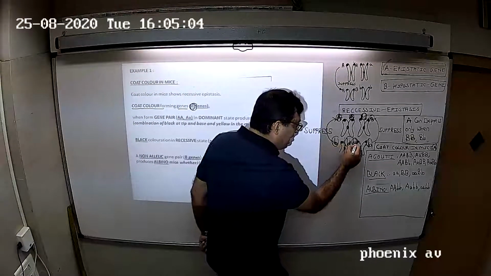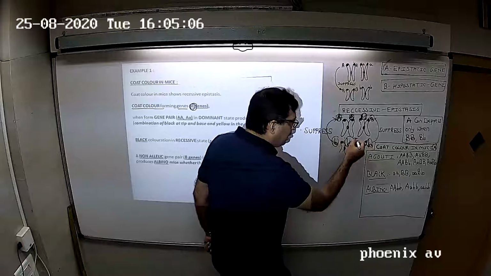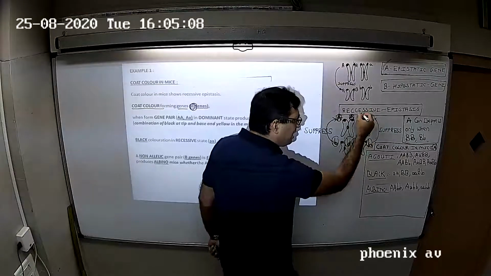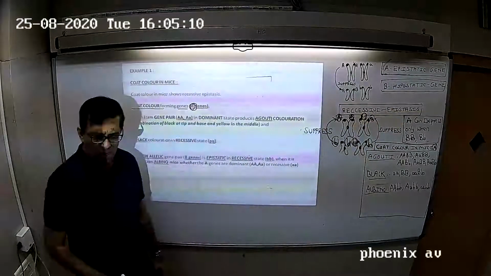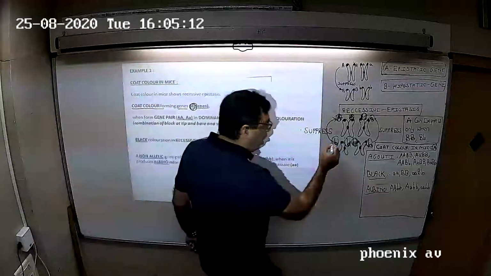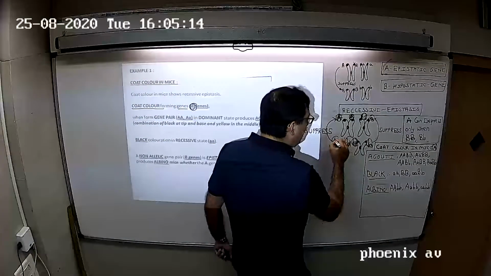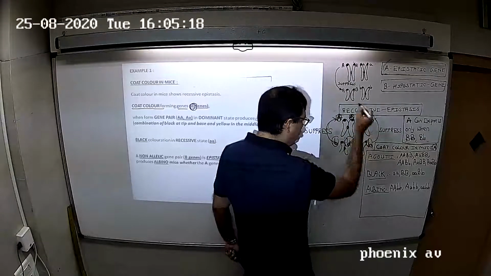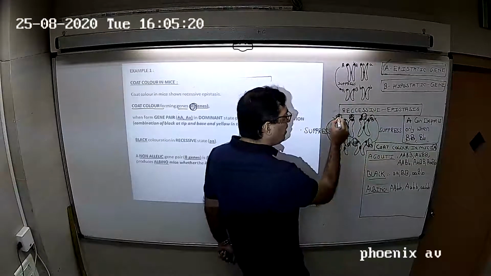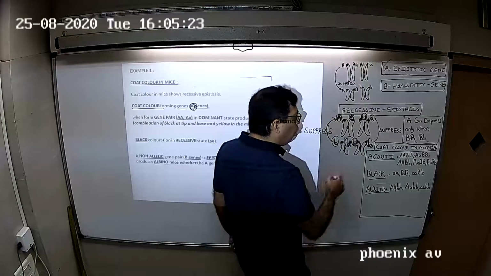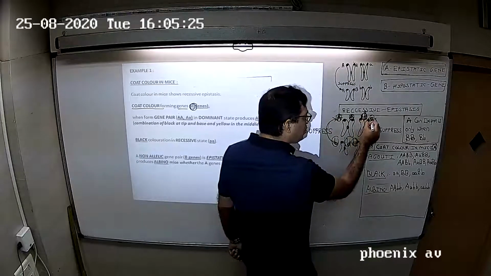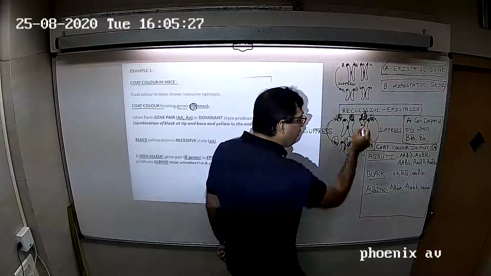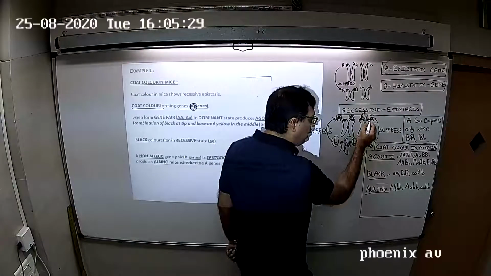Recessive epistasis. Small b, small b will become epistatic over capital A, over capital A small a, or even small a.